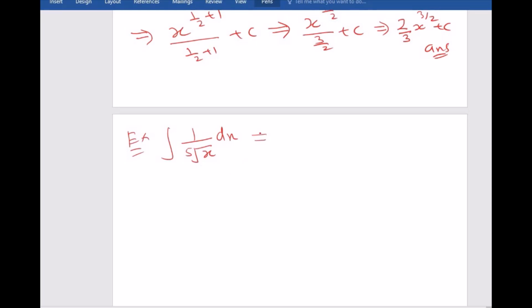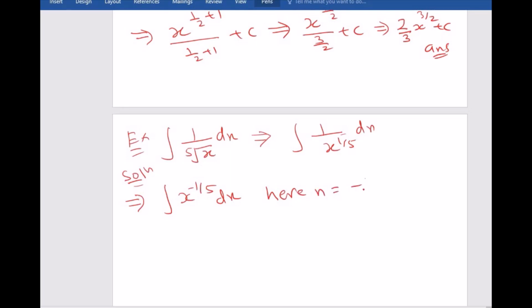We write this as 1 divided by x to the power 1 by 5, dx, which is the integration of x to the power minus 1 by 5 dx. If I use the rule here, n is given as minus 1 by 5.